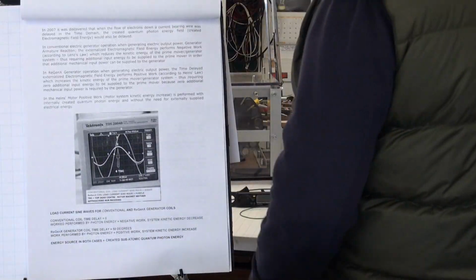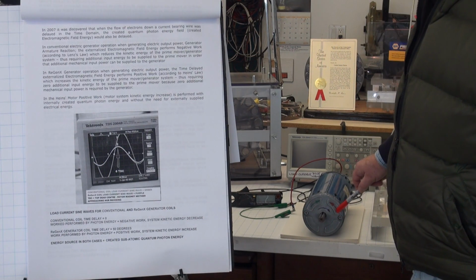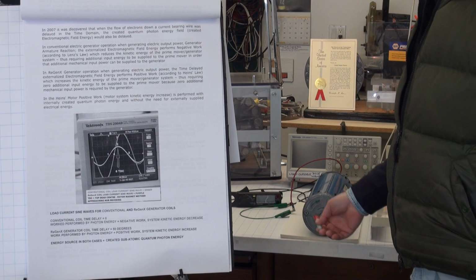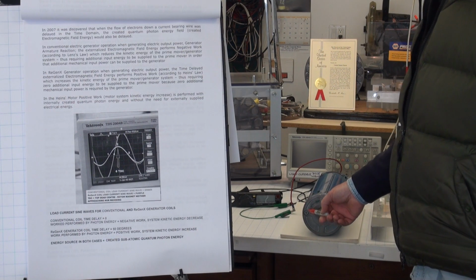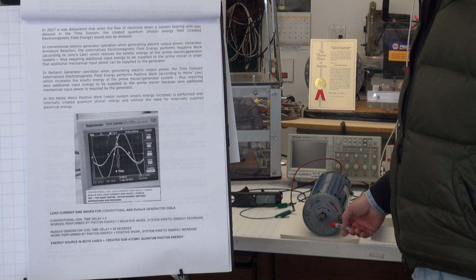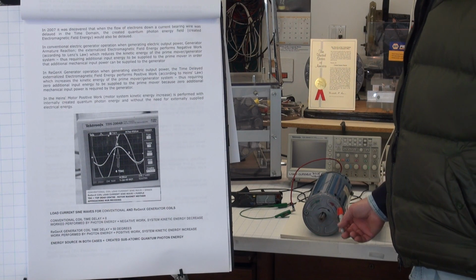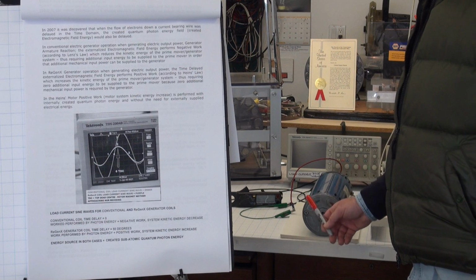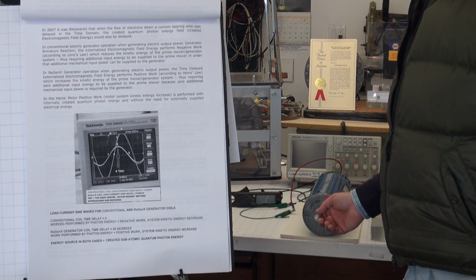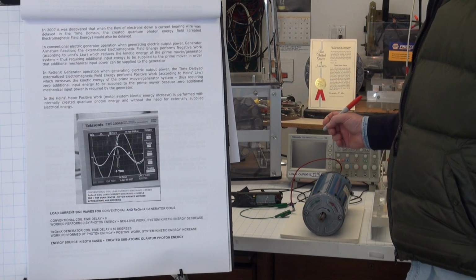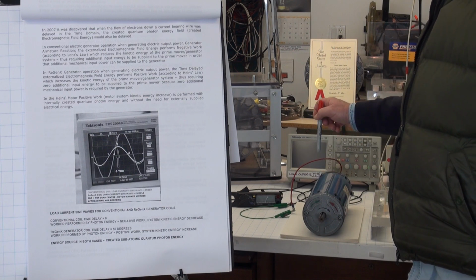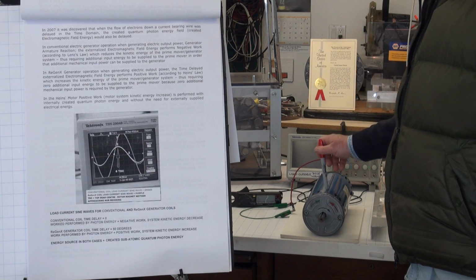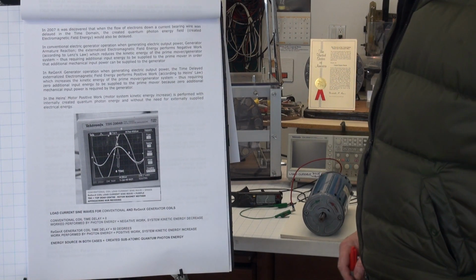So if the conventional generator creates a counter torque which works against the torque supplied by the prime mover, the RegenX generator produces a complementary electromagnetic torque that works in concert with the torque supplied by the prime mover, and no additional mechanical input power is required when the RegenX generator is placed on load.